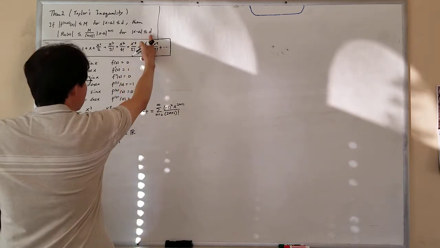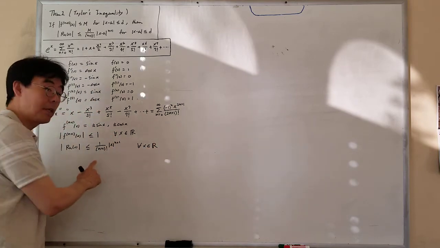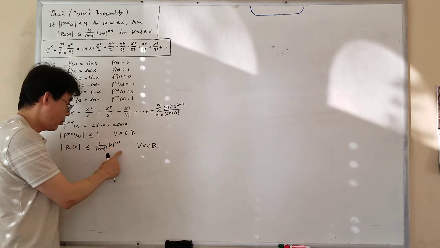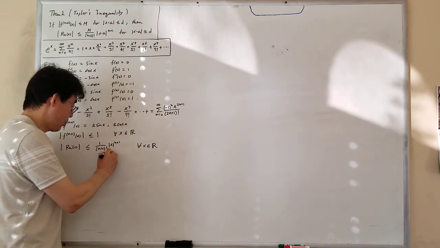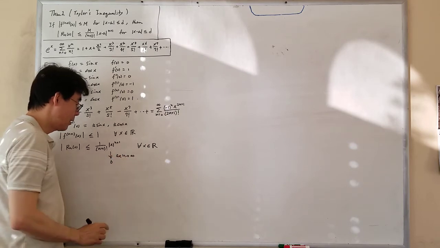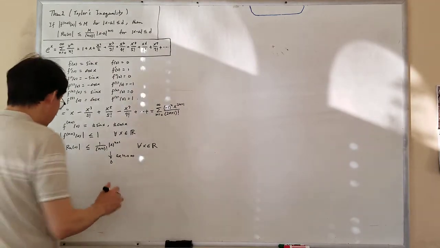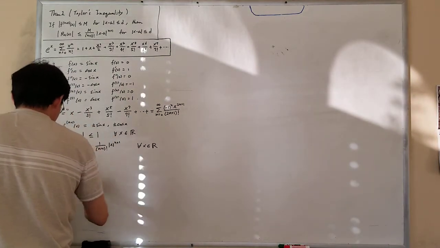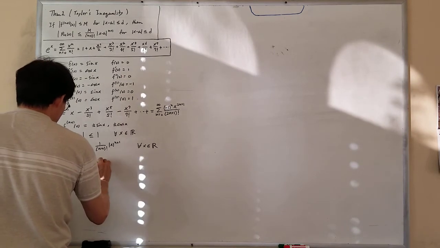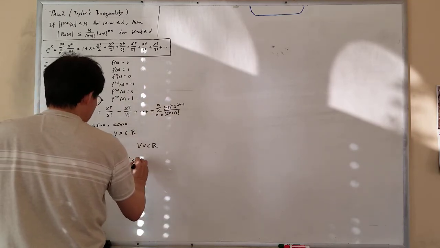Now, for all x, d can be any large number. We know that for any number x, once you fix x, this goes to 0 as n goes to infinity. Therefore, the remainder goes to 0. So, therefore, the limit of R_n of x goes to 0, for all x in the real numbers.